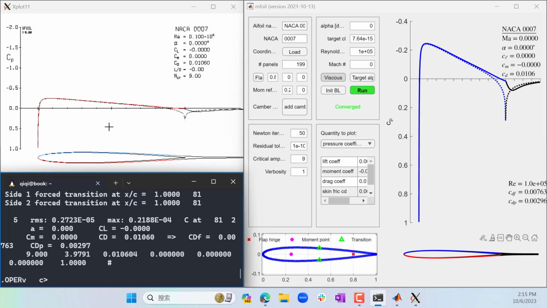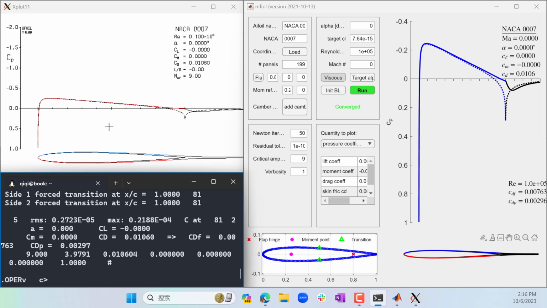Again, Reynolds number, 10 to the 5, equals rho times v times chord length divided by mu, and rho is 1, mu is 10 to the minus 5. So v times c is about 1. So if chord length is 1 meter, what is my speed? About 1 meter per second.